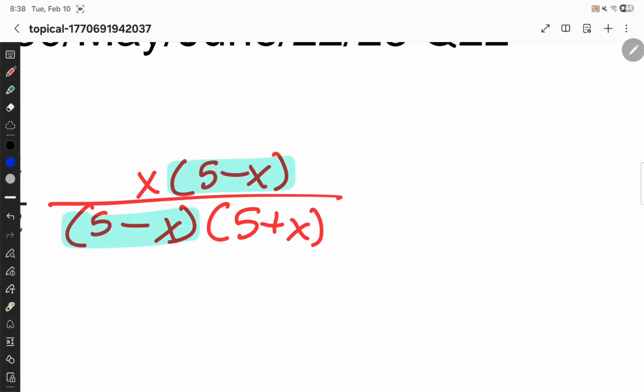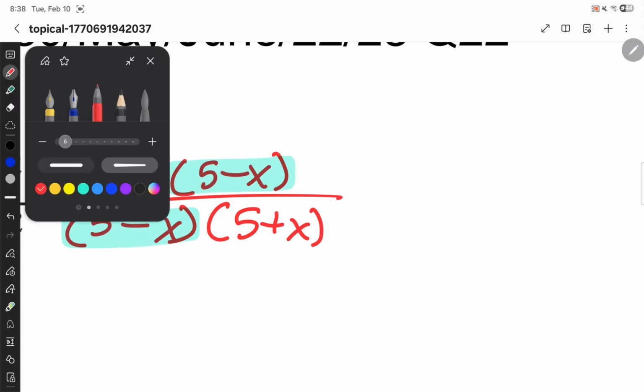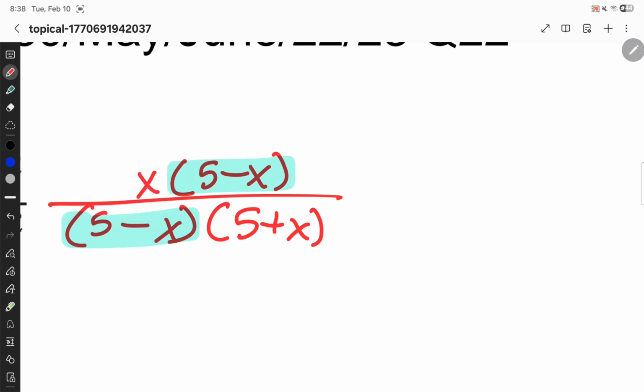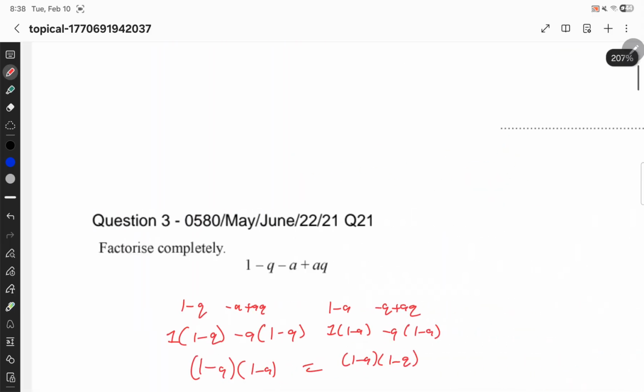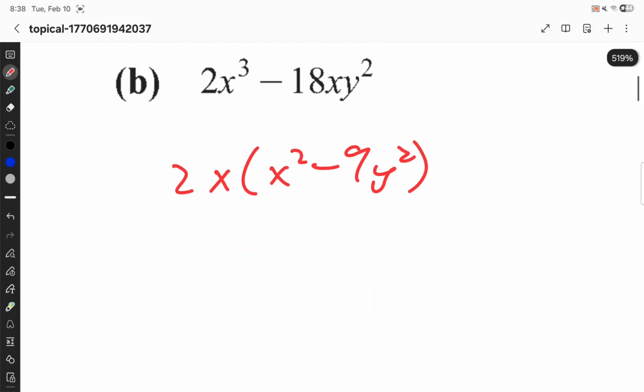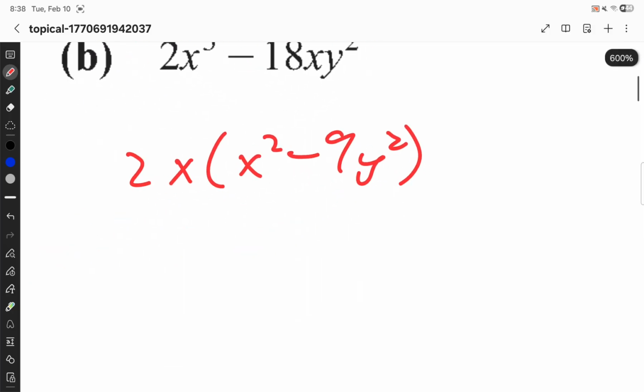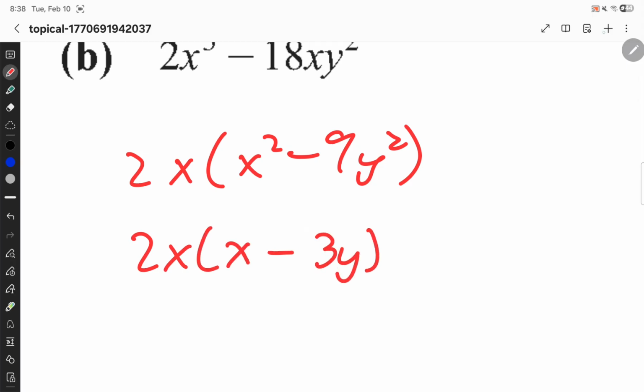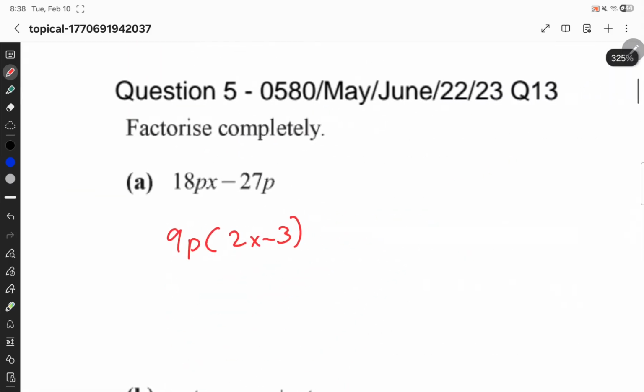Okay, next we omit that, we divide the terms by 5 minus x because that's how you solve the question, and like so. Another thing is, here we left this because we do not know how to factorize it further, so we go as far as we know, and x plus 3y is nice.